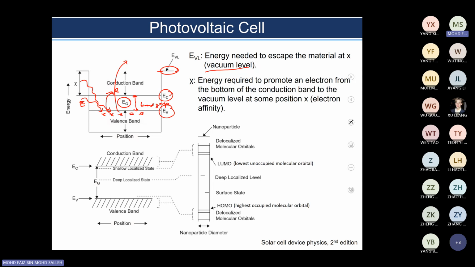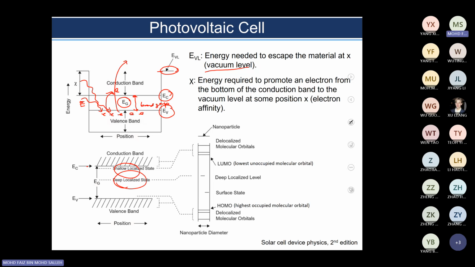Inside the band gap, we also have localized states. Sometimes the electron can be trapped inside the energy band gap. Why can it happen? Defects. We cannot make a perfect material. There are some defects.